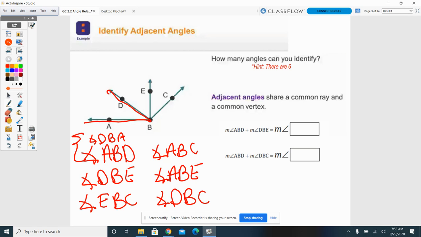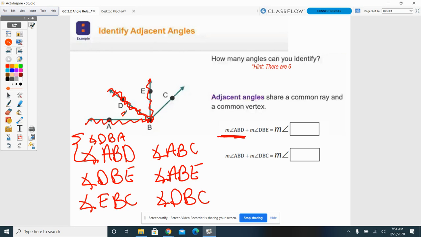So what happens here? Well, they're talking about adding angles to get other angles. So let's see what we have here. Angle ABD, and when they have the M there, that just means the measure of ABD. So I have ABD, and I add to that angle DBE. What angle do I have?